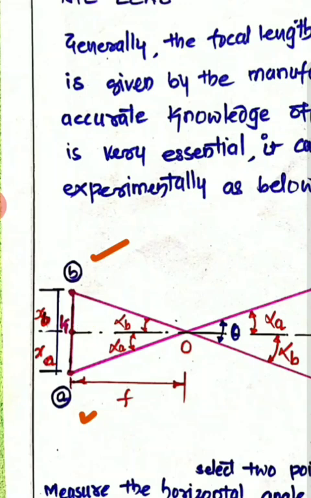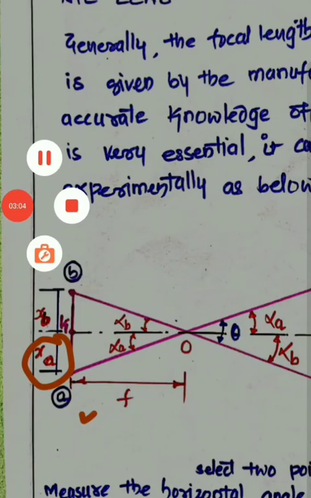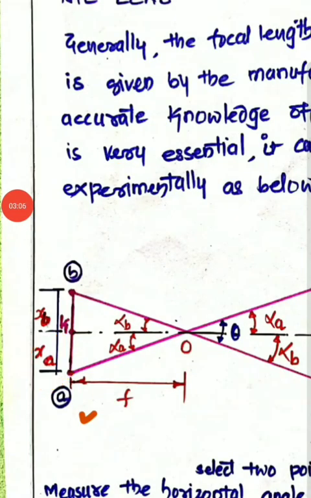The distance ak will be your XA, and the distance between b and k will be your XB. And OK is the focal length, that is what we are going to determine.